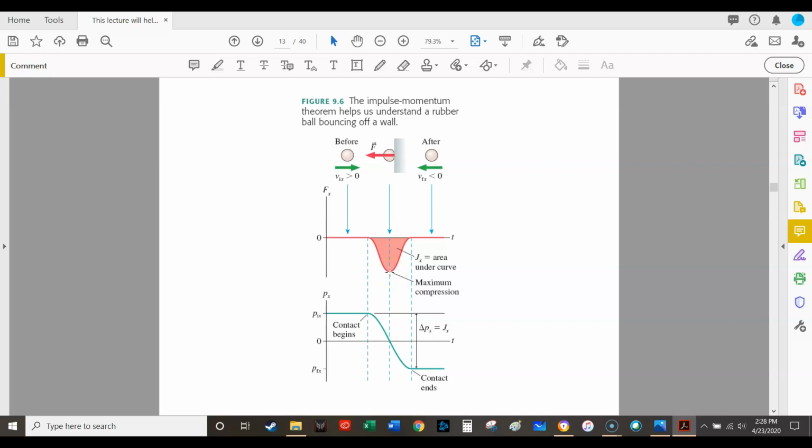And then it's going to be pushing it back to the left with the same speed, or close to the same speed that it came in with. This is the initial momentum. This will be the final momentum. Notice it had a rightward pointed initial momentum. The force applies to it to the left, and thus afterwards its final momentum is going to be to the left as well if it bounces off.